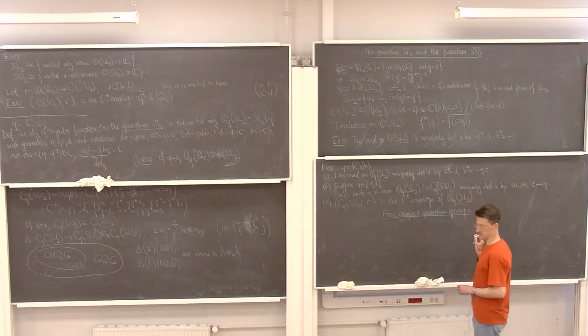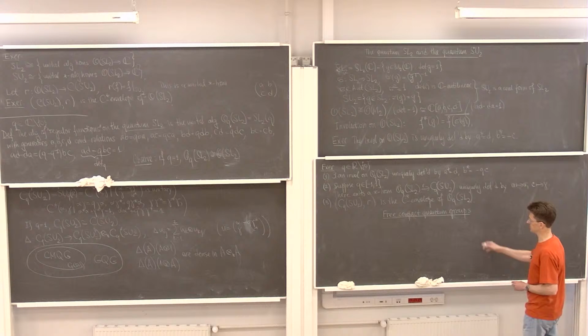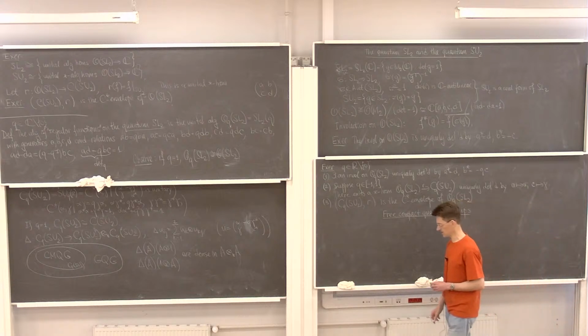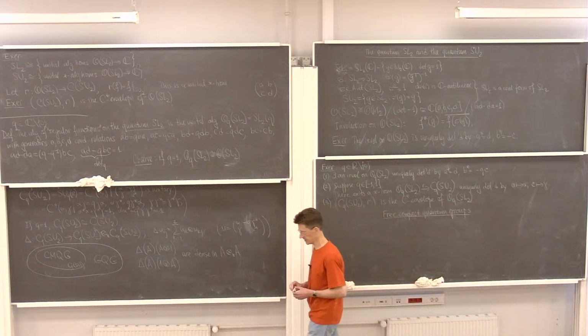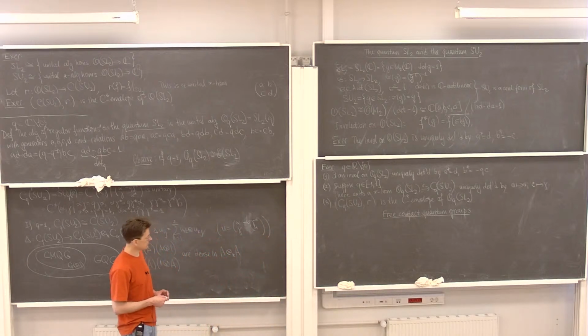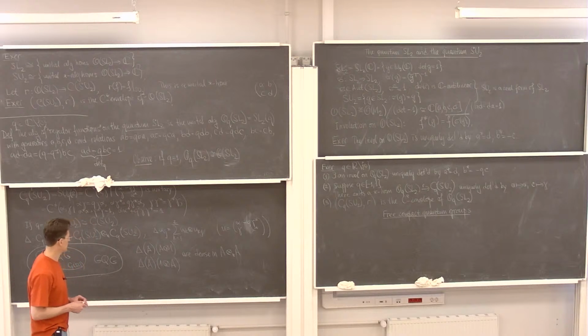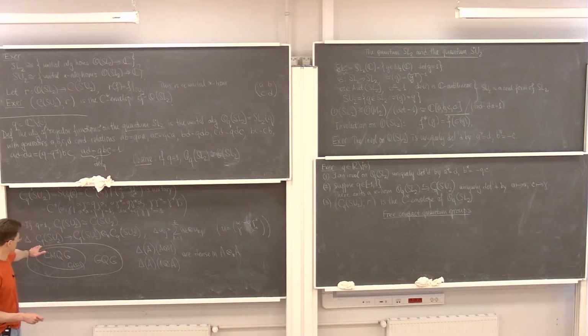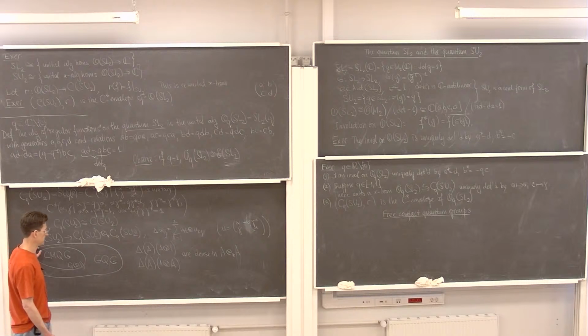So the examples we are going to construct are quite different from the quantum SU2 in the sense that they are not related to any kind of deformation. I have already told you at the previous lecture that the quantum SU2 group can be considered as a deformation of the algebra of continuous functions on SU2.